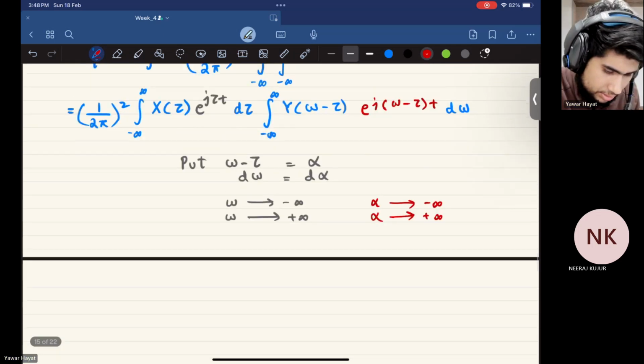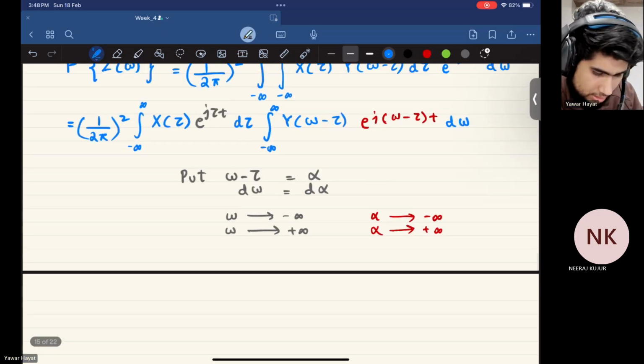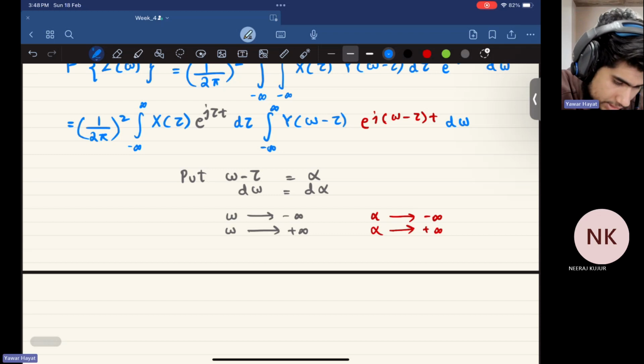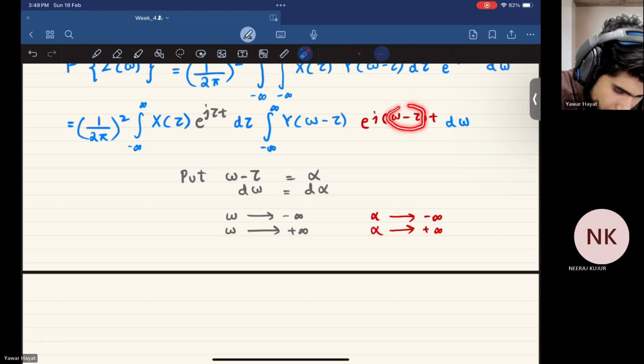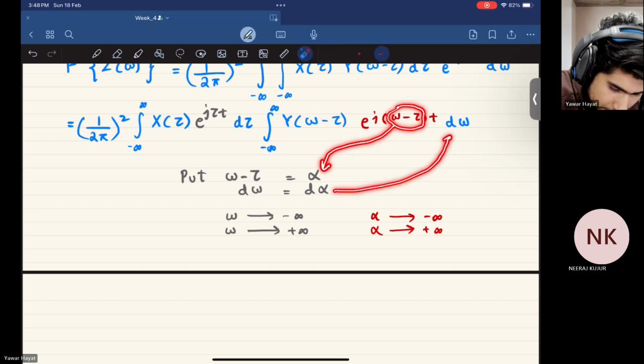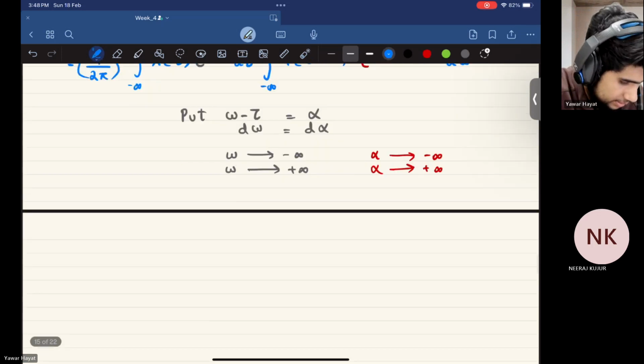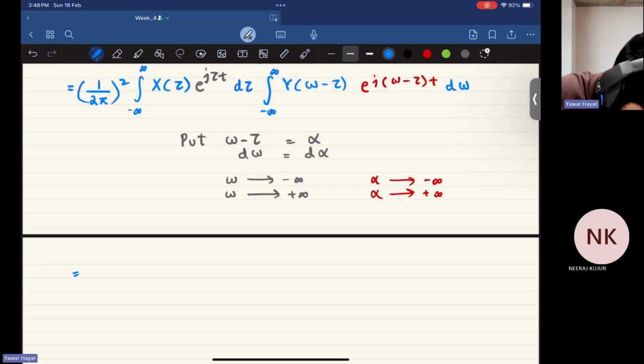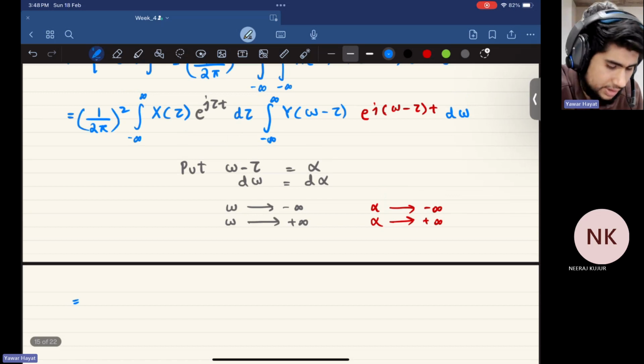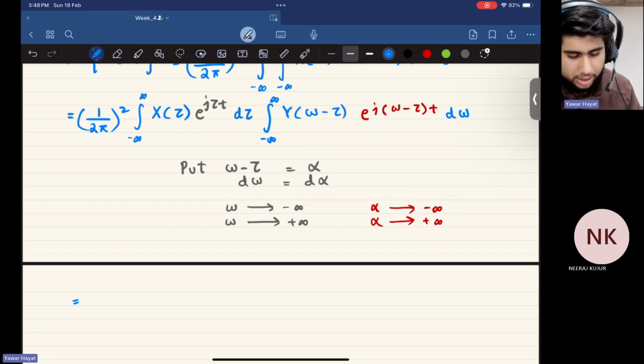Okay, so this particular quantity is alpha, d omega is d alpha, omega minus tau is again alpha, right? I'll again write this equation in terms of alpha now. So this is what I have, and I have this 1 over 2 pi square, right? That I had clubbed 1 over 2 pi to 1 over 2 pi's.